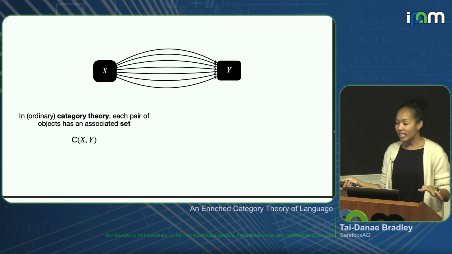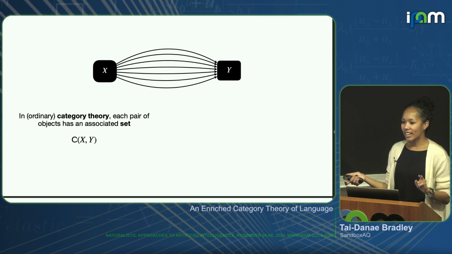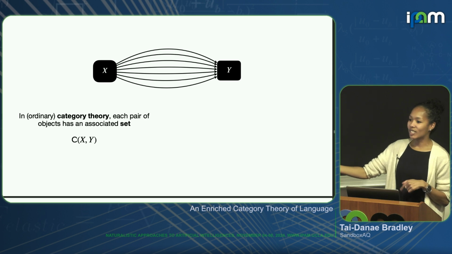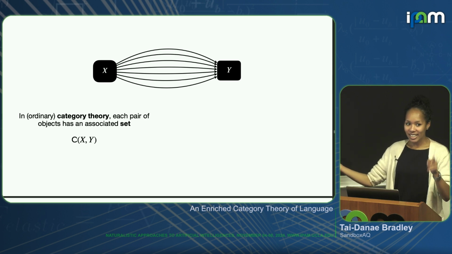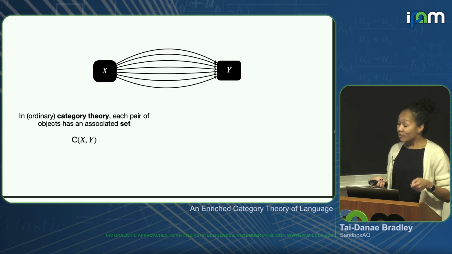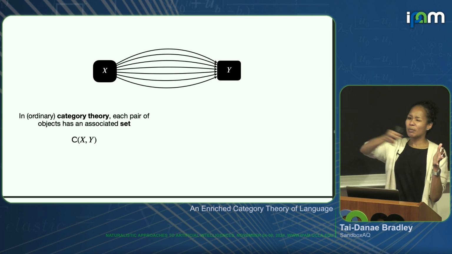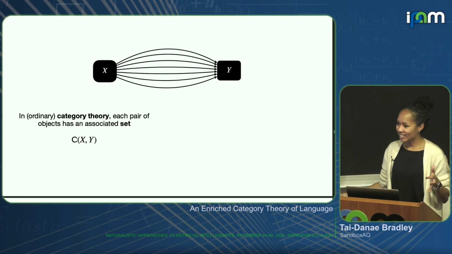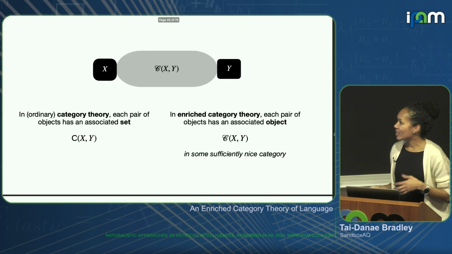In other words, think of x and y as being vector spaces, and morphisms are linear transformations. So you can look at the set of linear transformations from x to y, but that's not just a set, because you can add two linear transformations and get another one. And you can scalar multiply a linear transformation to get another one. So in fact, you don't just have a set, you have a vector space worth of linear transformations. So this is more than a set. It has more structure. And so that's kind of the idea.